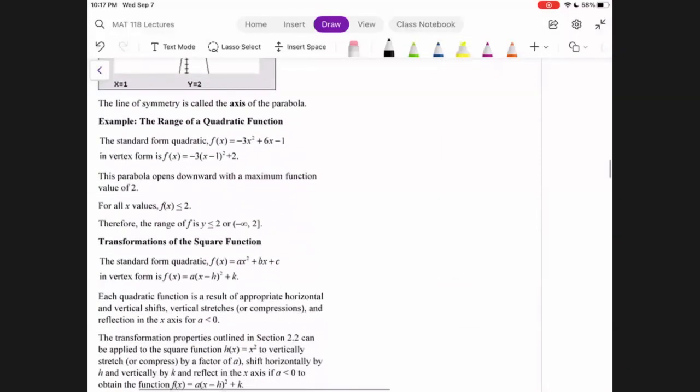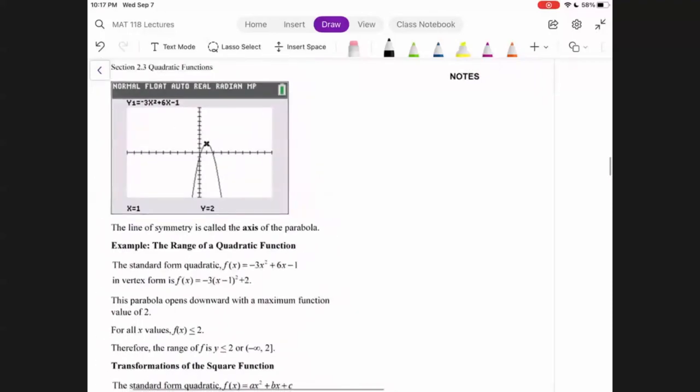So moving on, you'll see there's a graph here. It talks about some other things, about the range. Okay, so remember, if we look at the graph here, we see that I'm going down to the left and to the right. So the domain, just to practice, remember this is a quadratic, so all real numbers. The range depends.